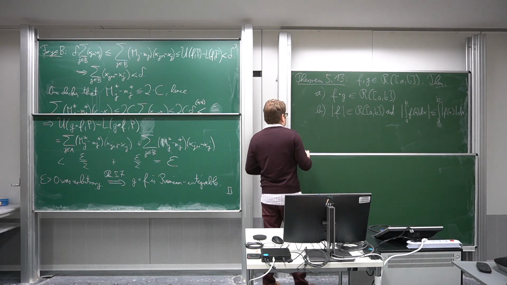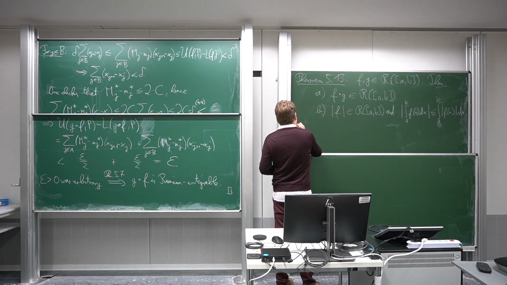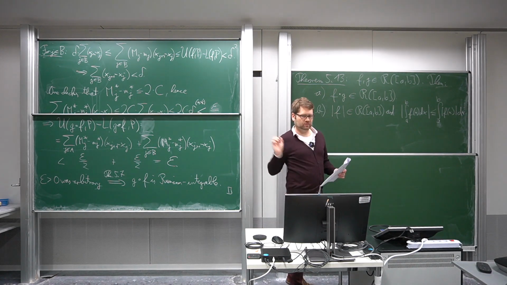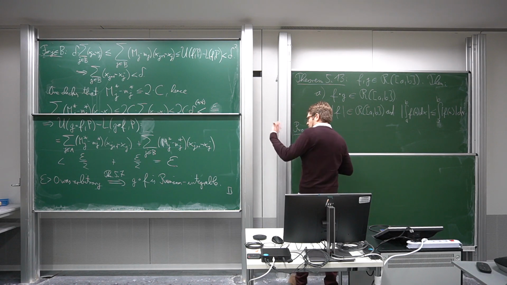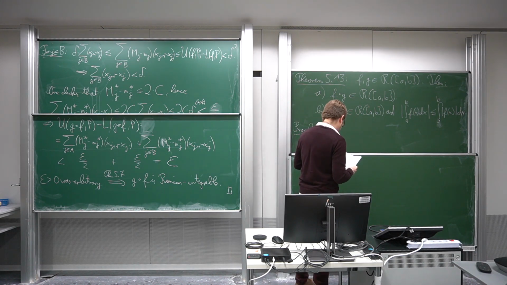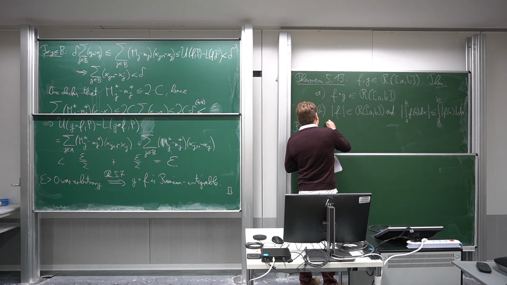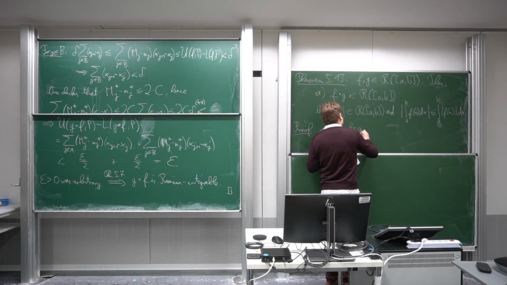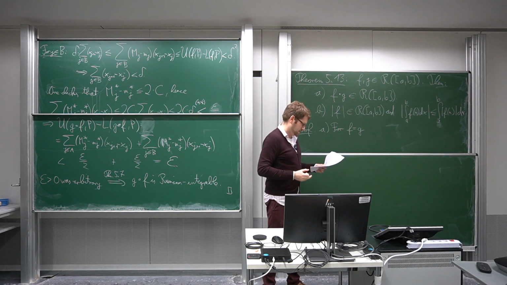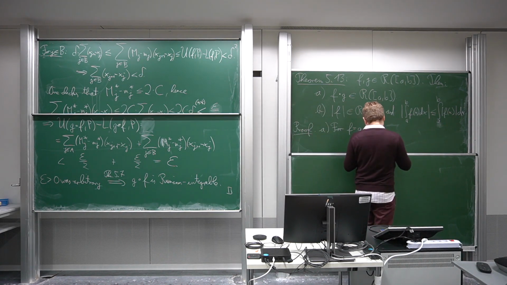Now, how does this follow from the previous work? We just have to write these expressions, first the product and then the absolute value, as special cases of the thing we did before, as the composition of a Riemann-integrable function and a continuous function. In part a, we start with the case f equal to g, so the integral of f squared. This is really what we had before. We take f squared, which is f times f.